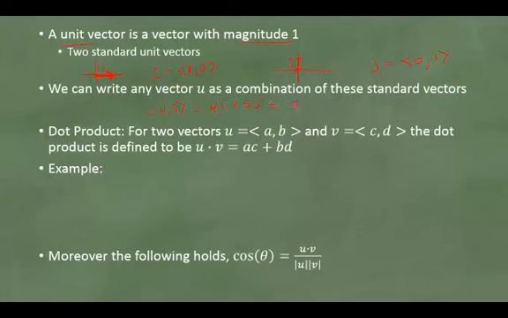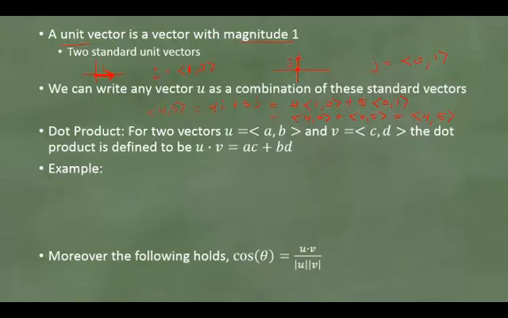Because 4 times i is 4, 0, and 5 times j is 0, 5. So we can multiply these inside, 4, 0, 0, 5. We can add them, the x's to the x's. 4 plus 0 is 4. 0 plus 5 is 5. So we can make any vector just using i and j.